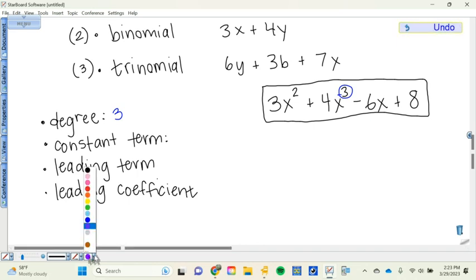Let me use different colors. 8. Right? Okay, what about the leading term? What do you think that would be? So that's what you would think, isn't it? But it's actually the term that has the highest exponent.